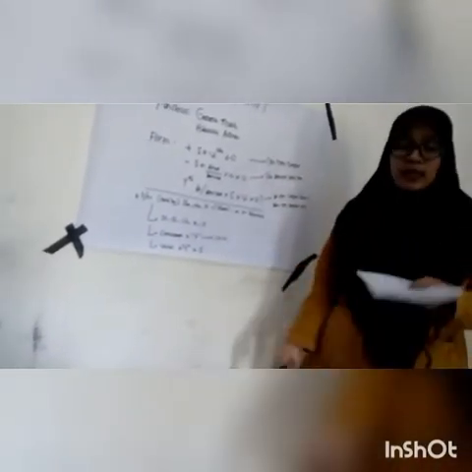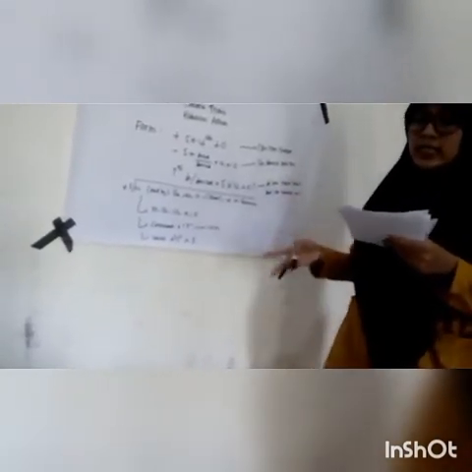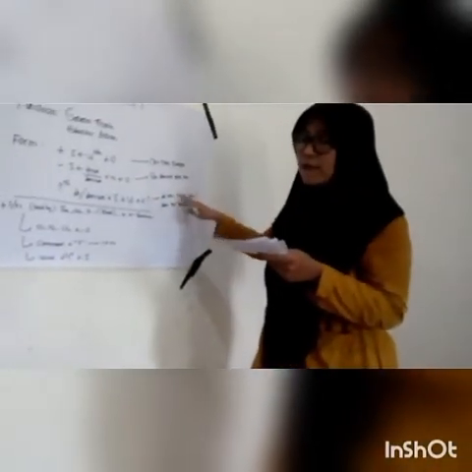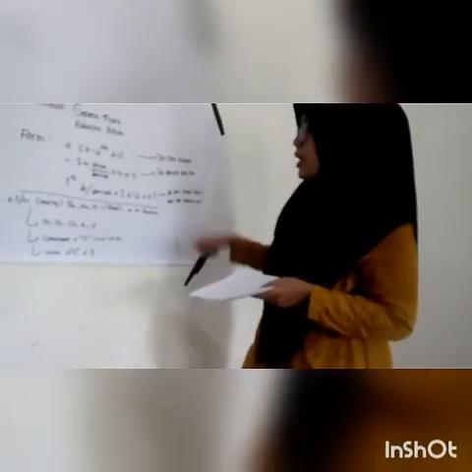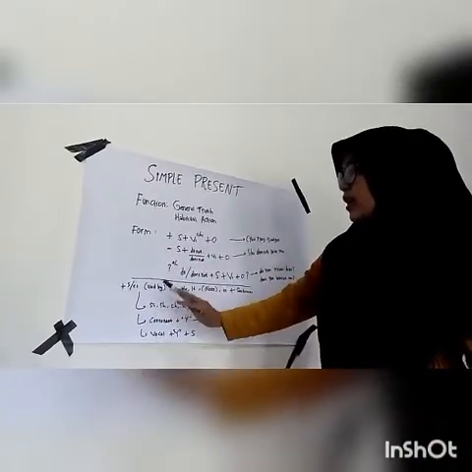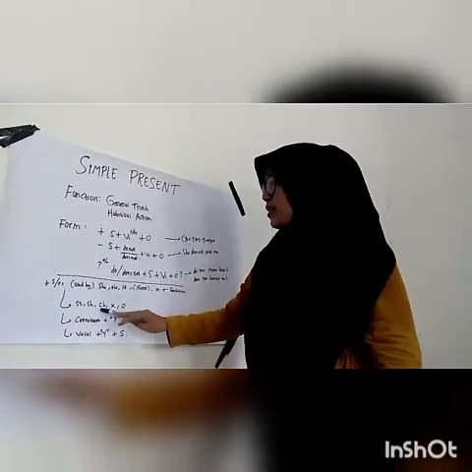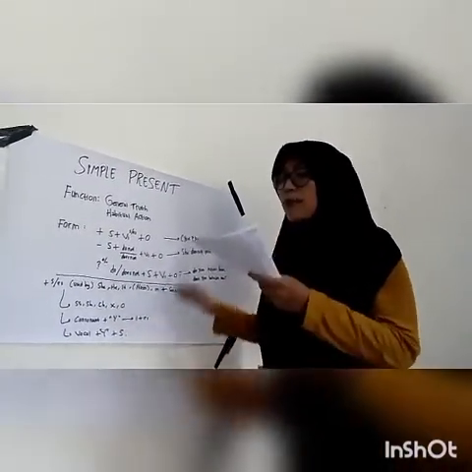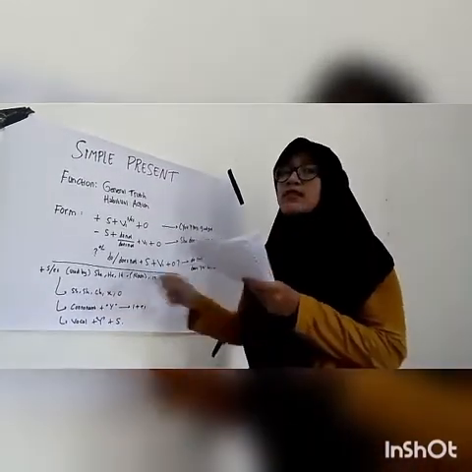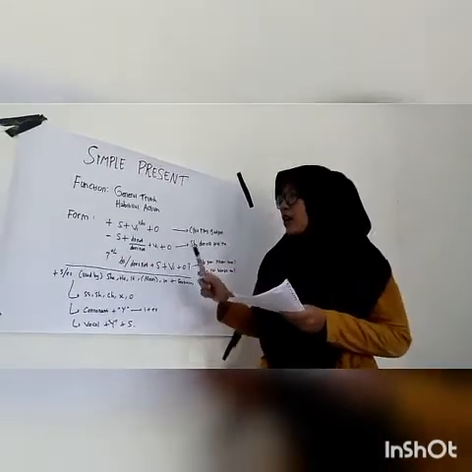And usually the additional s or es will be added if the verb ends in the following letters. The first are ss, hh, sh, ch, x, and o. For example, from the word ending in ss: miss, kiss, discuss.